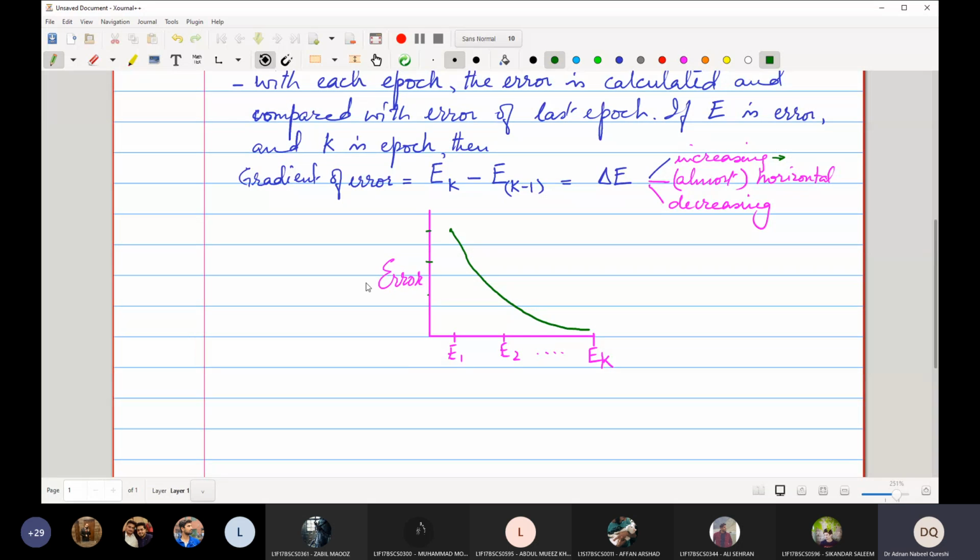Now this is just the epoch versus error plot. And if it is increasing, we would adjust it in the gradient descent.